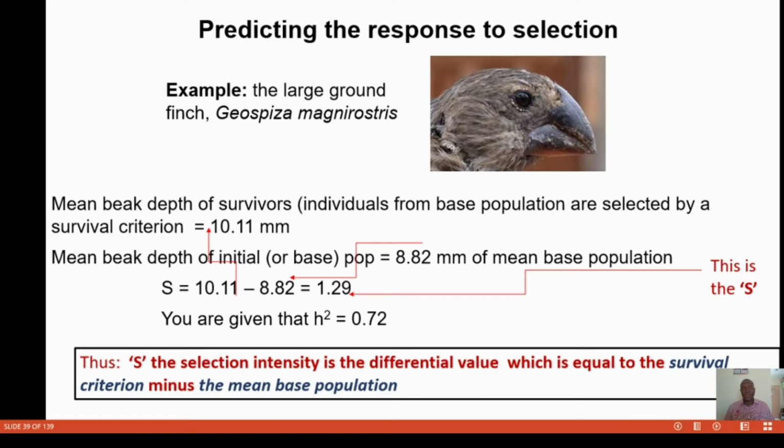And let's say that you are given the heritability known to be 0.72. We can then successfully determine the R, the response to selection.